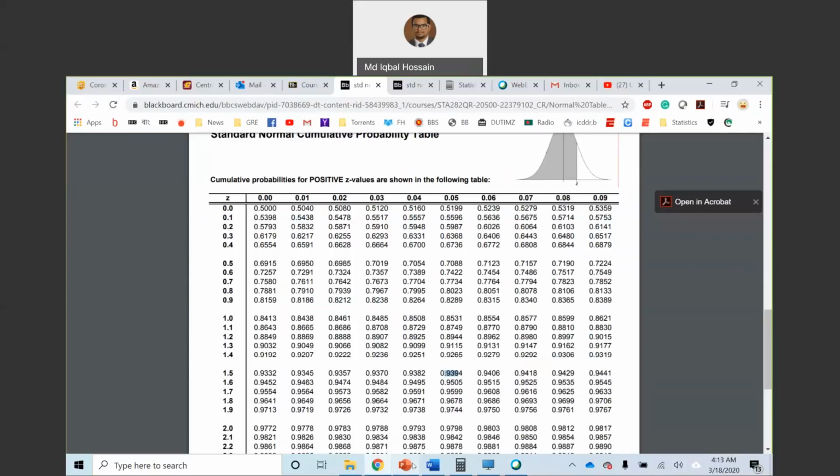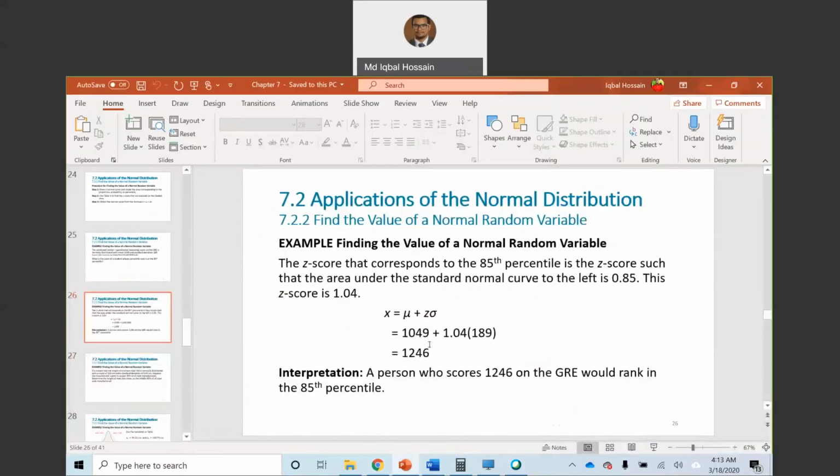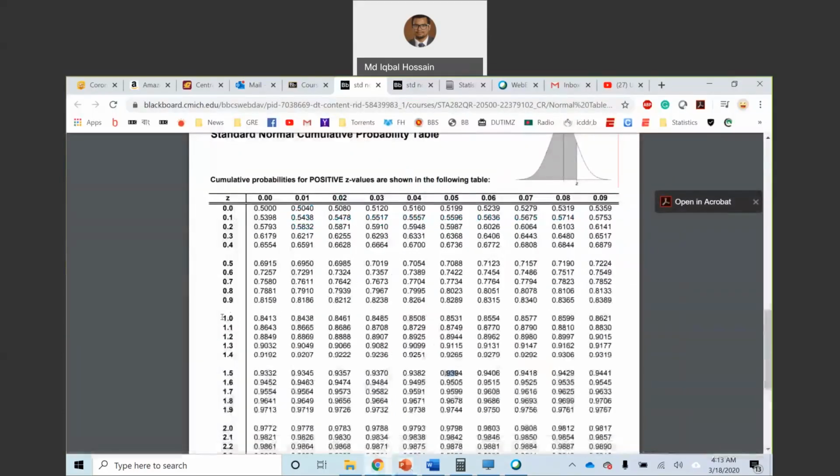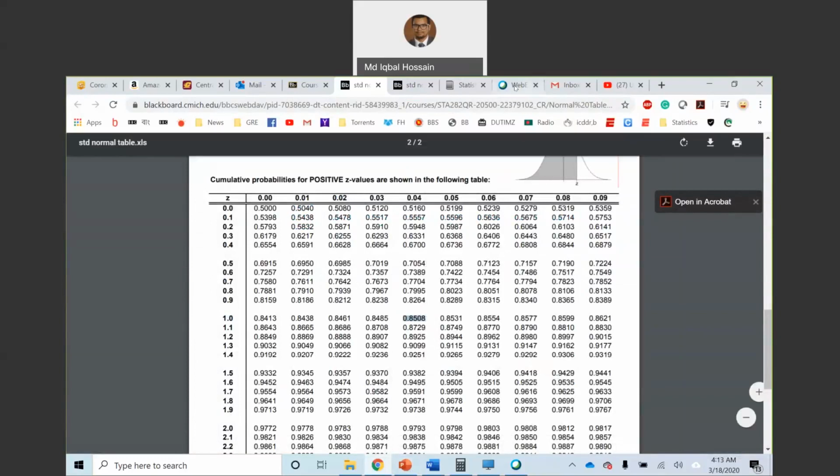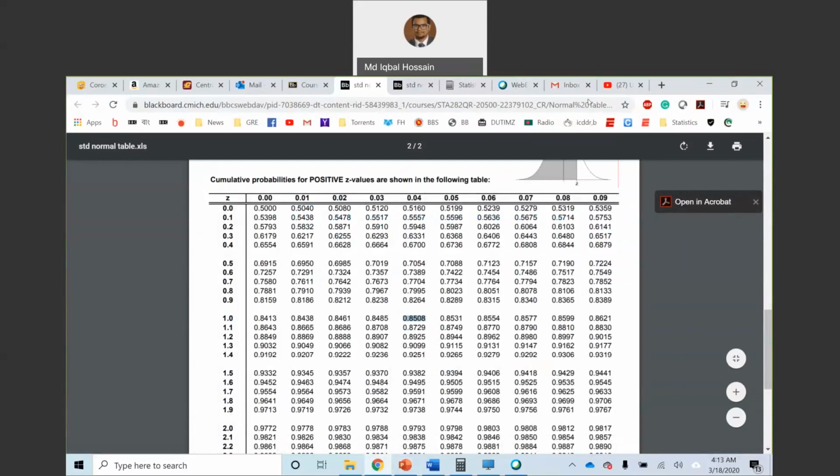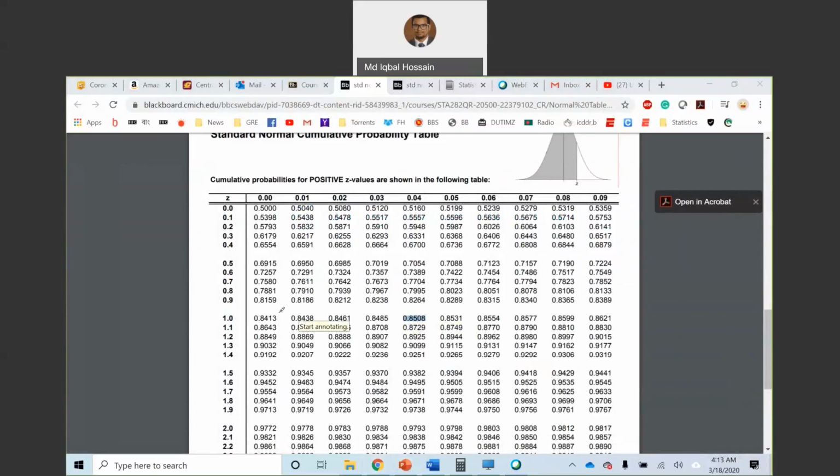Okay, so let's take the value from here, which is 1.0, so it will be easier to find. Okay, here is 0.85. This one. Now, how are we taking the value from here? We are taking this value because it is the closest value to 0.85. The 1.0 is there for the first digit, and we are taking the second digit from here.